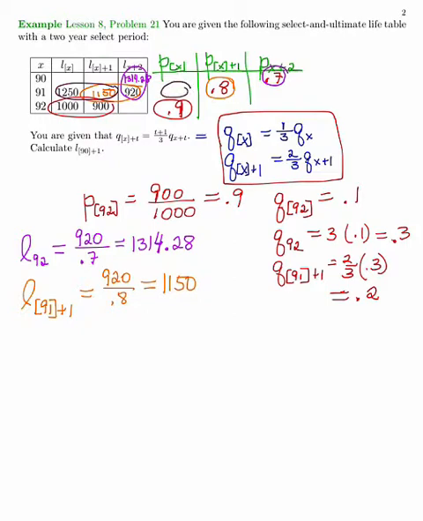So if I look at P91 with brackets, that should be 1150 over 1250, which is 0.92. So that can go right here.